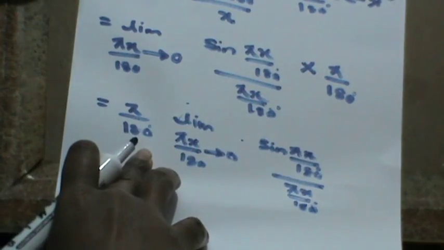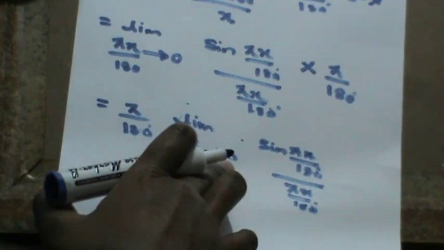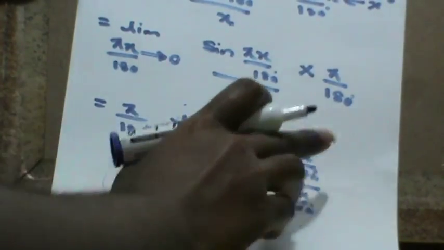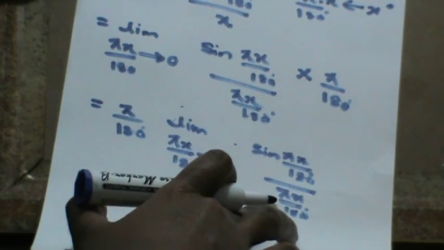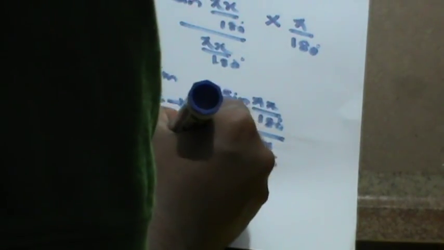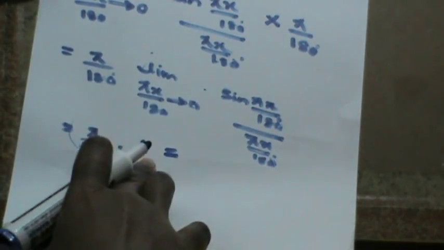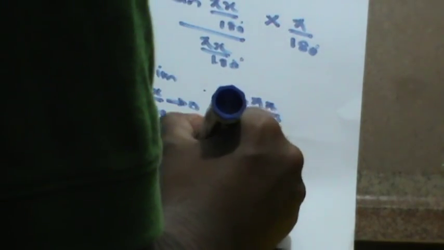Now the angle that goes to 0 is the same angle here, which is in radians, so we can apply the theorem straight away. From the theorem, the limit is equal to 1, so the answer is 5π divided by 180 times 1, which is 5π divided by 180.